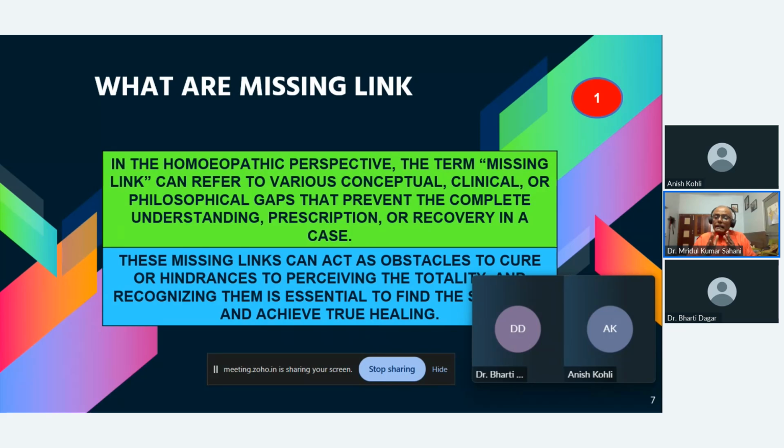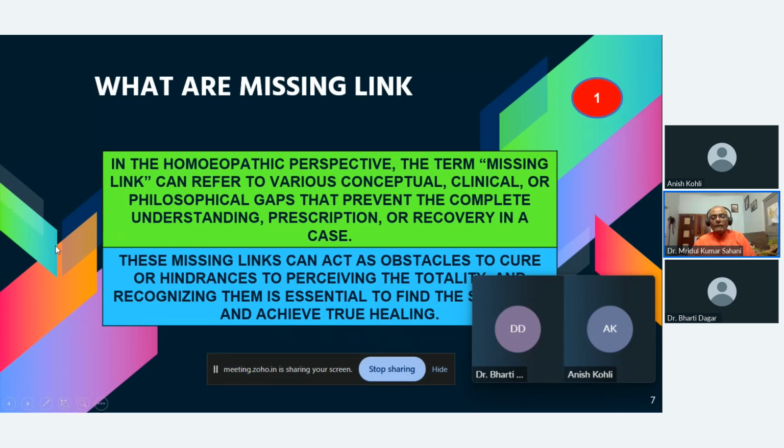It is simply the gap in your understanding. The patient says something and you understand something, and between your patient's saying and your listening, there is a gap. Something you miss, and many a time this happens, so we have to look carefully.